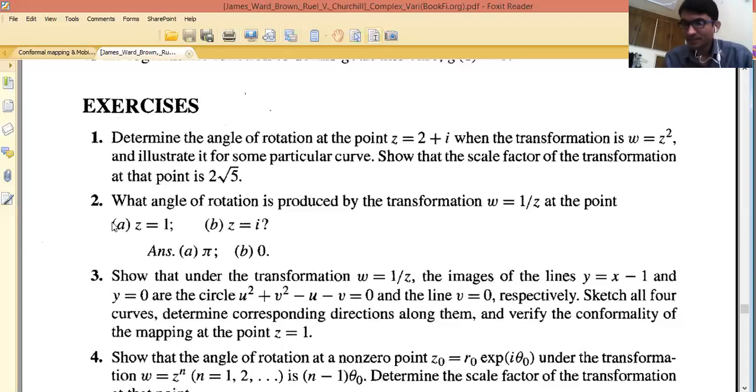It must be analytic. Therefore, u and v must satisfy the Cauchy-Riemann equations.